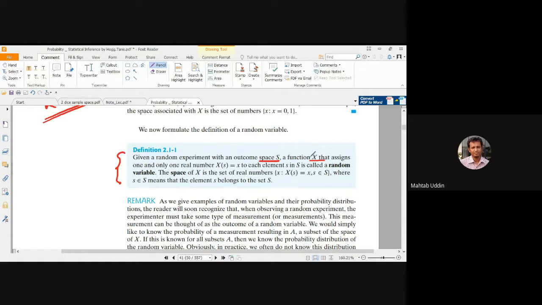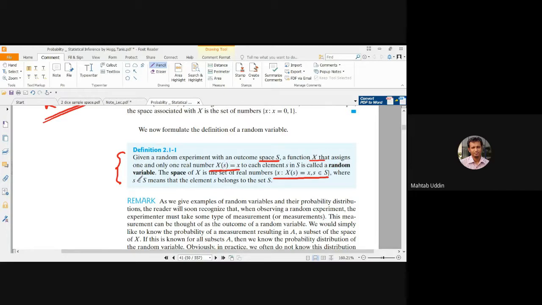So X is something that means taking an element from S. X is a function which assigns some elements from S. Like in a coin toss, there are 2 outcomes. So S is 2 outcomes, head and tail. X is calling any outcome in the toss, like head or tail.